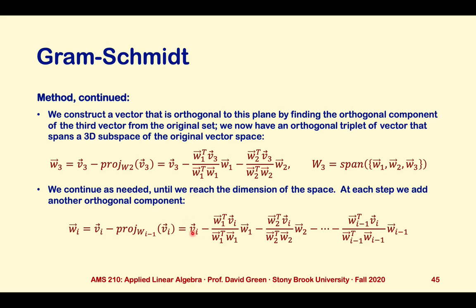We select a new vector from the original set, and then subtract off the projection of that vector onto the first orthogonal vector, onto the second orthogonal vector, onto the third, and so on, until we have subtracted off all of the components necessary. This gives us another orthogonal vector, and we continue.